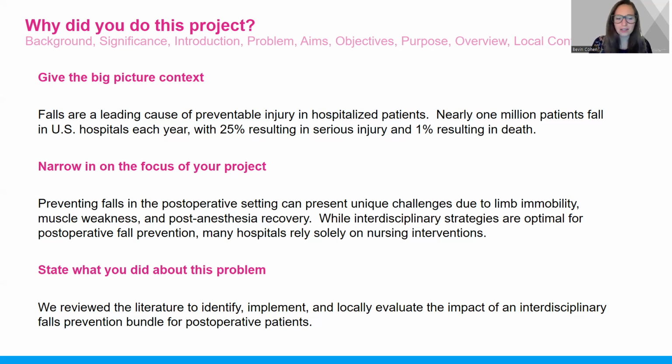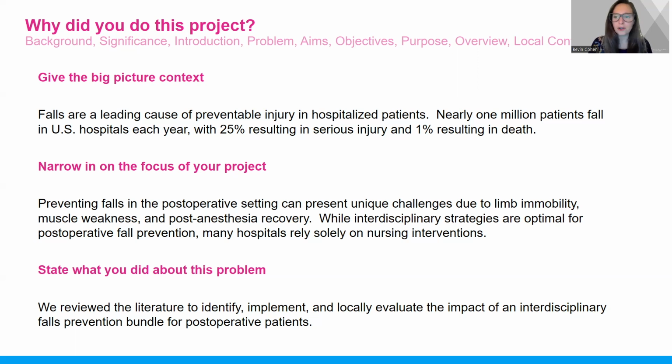In the last sentence, you're going to tell the audience what you did about this problem that you've just told them about. So in this case, you're telling the audience that you did a literature review to identify, implement, and locally evaluate the impact of an interdisciplinary falls prevention bundle for post-operative patients.